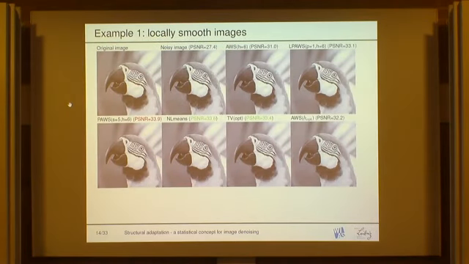Okay, examples. We have seen this in different talks, so I just tried to use it here. The original image, noisy image, reconstructions by the adaptive weights smoothing procedure, that's what I've explained as structural adaptation.